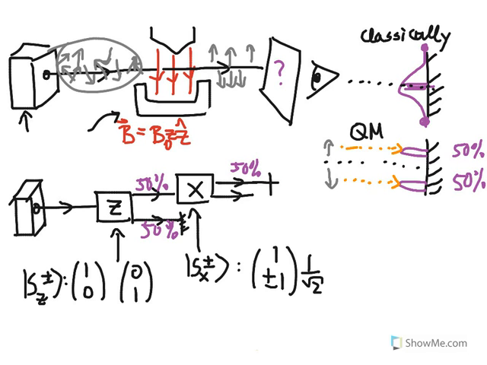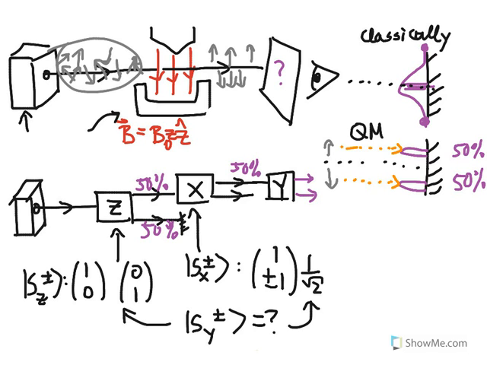But on top of that, oops, that's supposed to be a Y. On top of that, if after you pass it through all of these, you pass it through a Y, you are still going to get 50% and 50% again. And so that means your SY plus minus has to be orthogonal both to these SZ states and to these SX states.